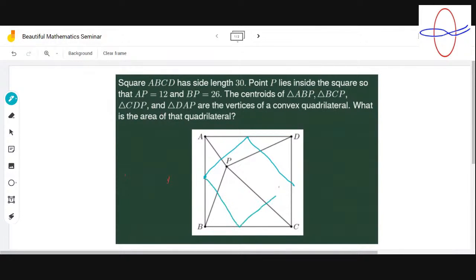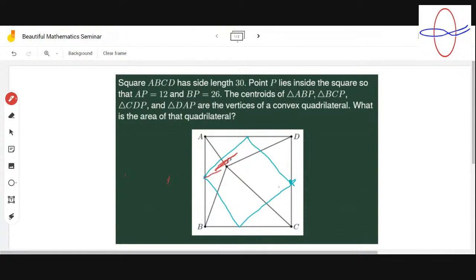So he is telling that this is a square. Now why is it 2/3 of that? You are correct, but tell me the logic.